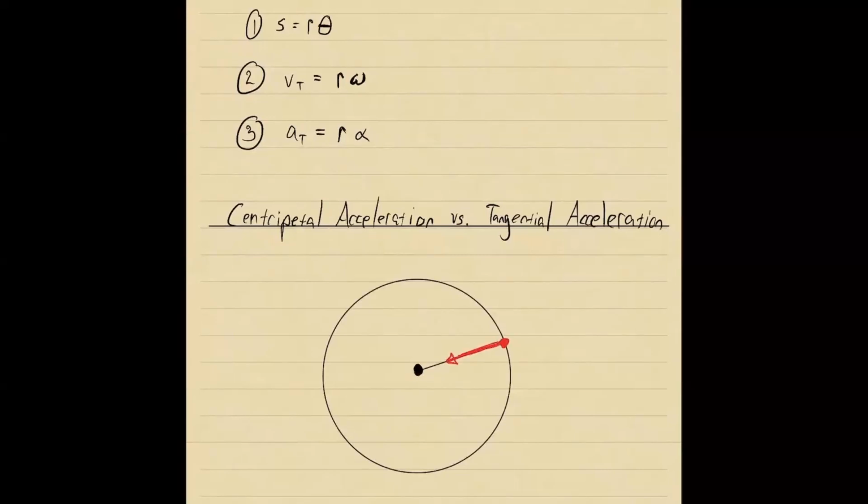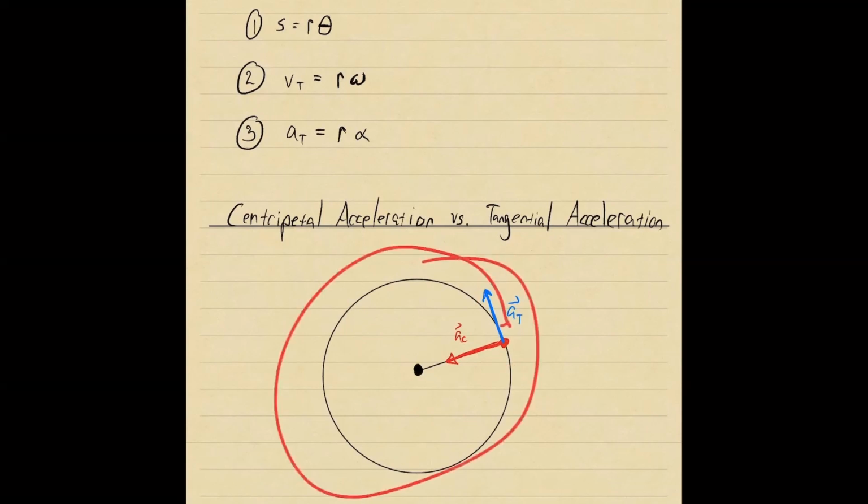So this is our centripetal acceleration, like we saw before. But our tangential acceleration is literally that. It's our acceleration that is tangential to the point we're on this circle with. So tangential acceleration looks like that. So if you have tangential acceleration, you're going to be speeding up in that direction, which ends up just meaning that you're going to be going faster around the circle.